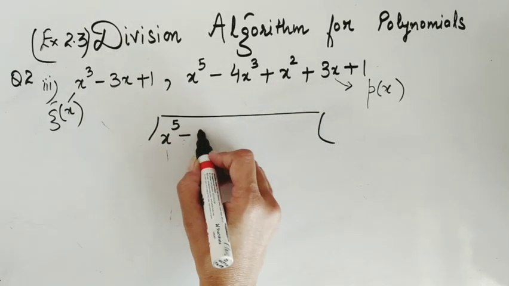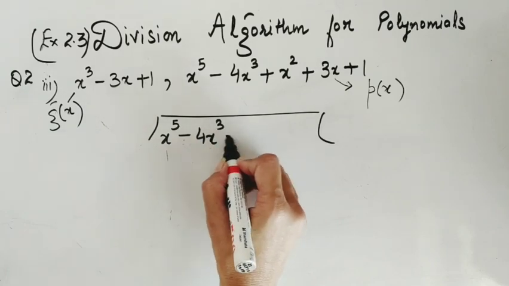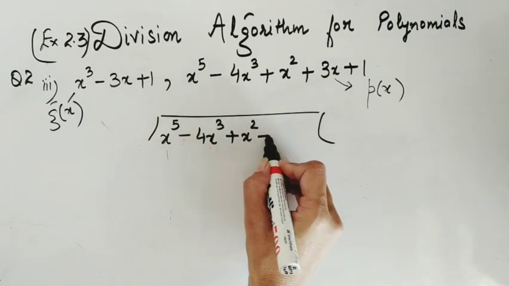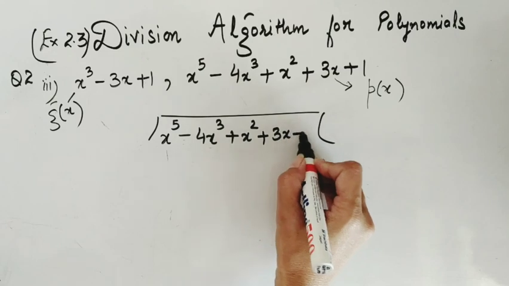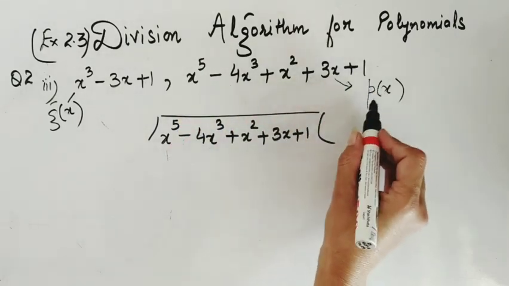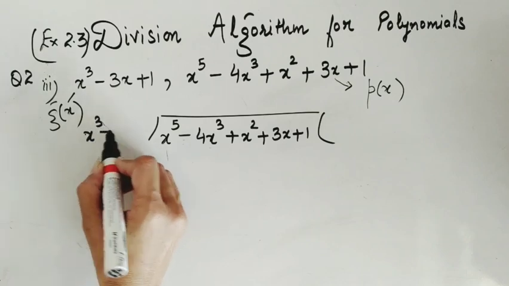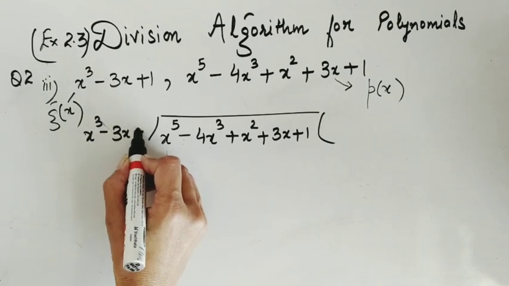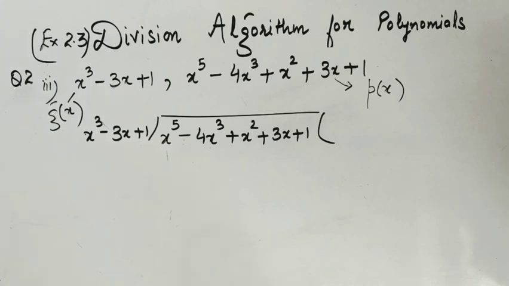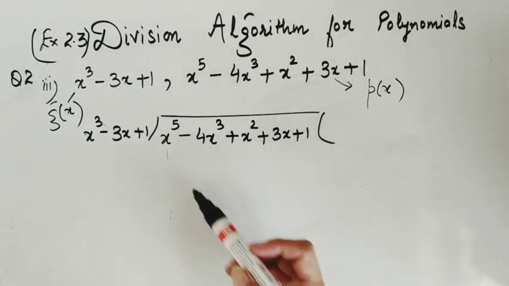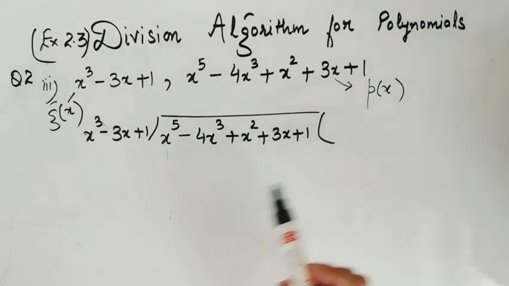x raised to power 5 minus 4x cube plus x square plus 3x plus 1. This p(x) is written inside and we are going to divide it by x cube minus 3x plus 1. Remember students, whenever we are talking about division of polynomials, our focus should always be on the first term.